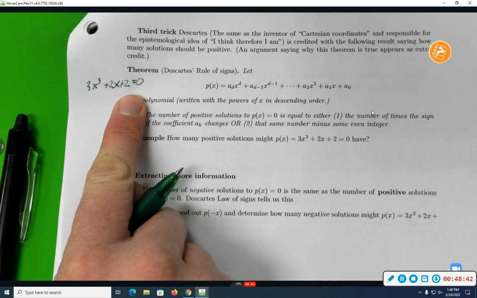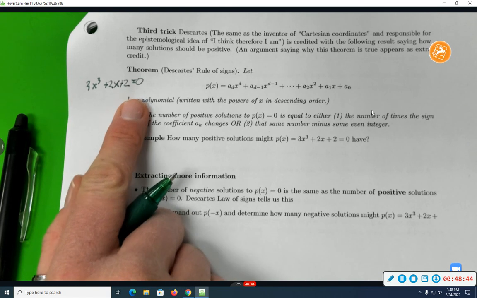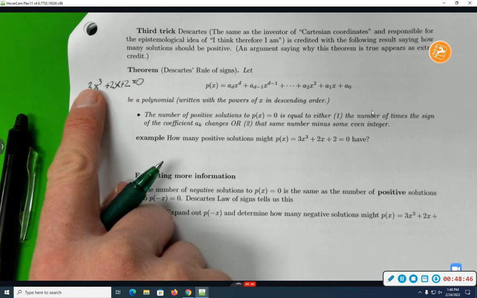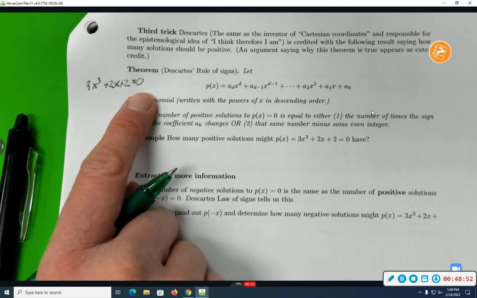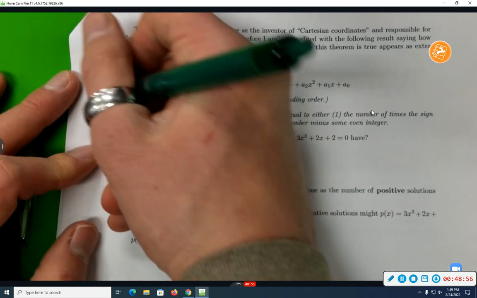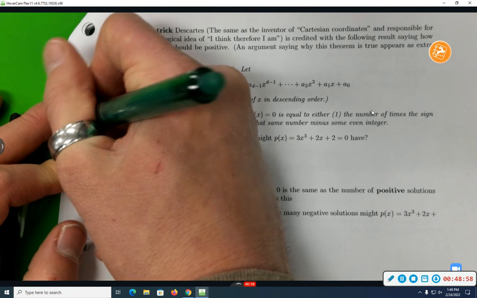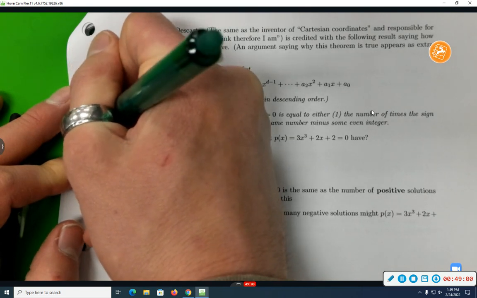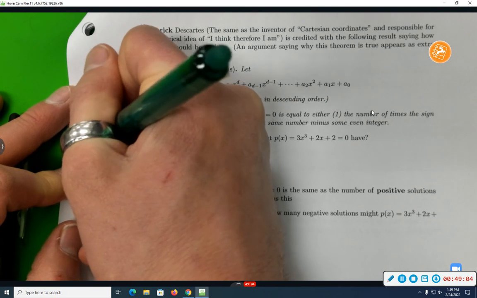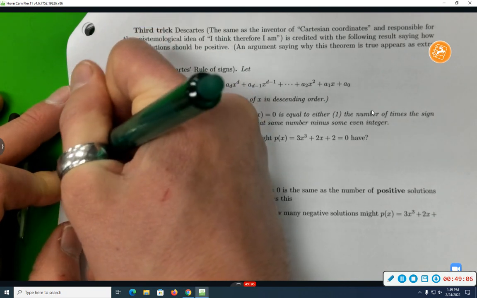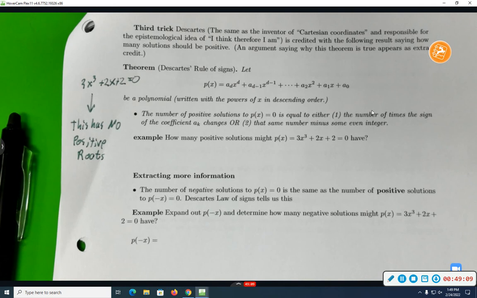We'll count how many times the coefficients change from positive to negative or negative to positive. From 3 to 2, did that change? From 2 to 2, does that change? So does the coefficient ever change signs? No. So here is a conclusion: this has no positive roots. If you plug in any positive number, guaranteed, you will not get 0 out.